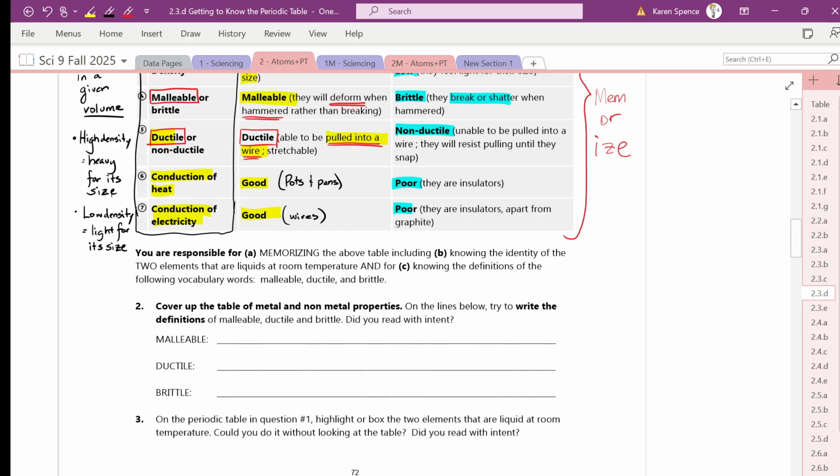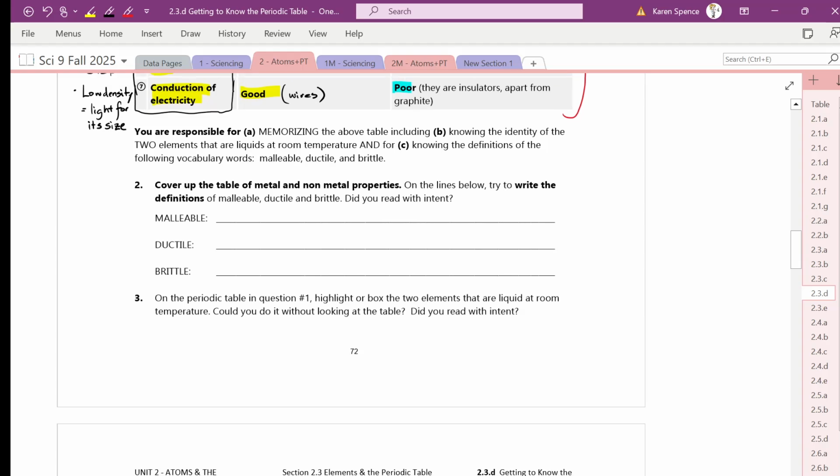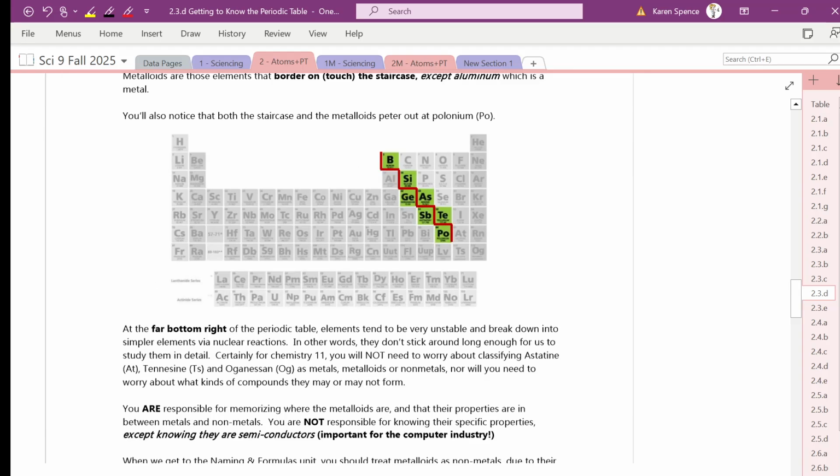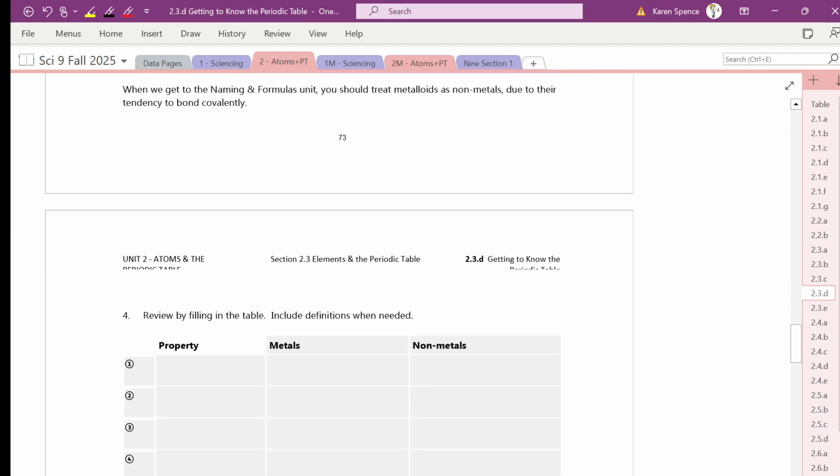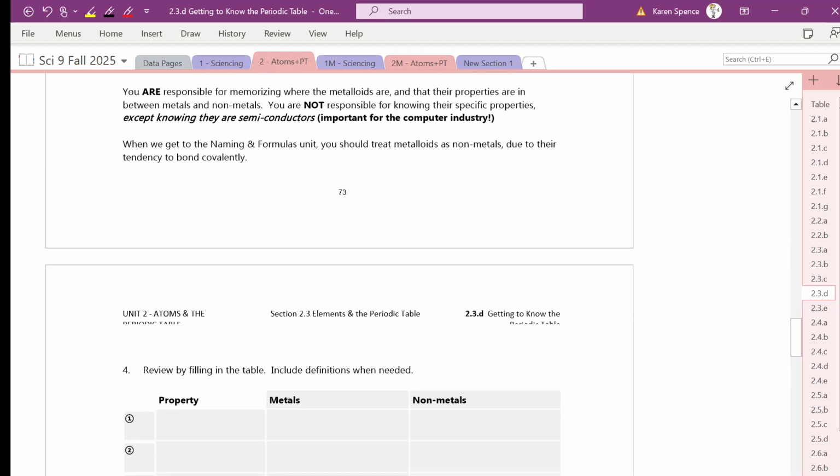So what we're going to do for the rest of class, but we can go out for a little walk before we do this, is number 2 and 3. And then we're going to skip metalloids because I've been talking way too much today.